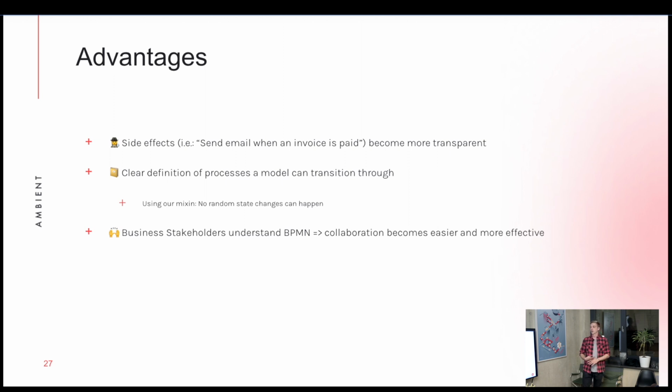So in any case, we can always look into the flow, see all the transitions, see what is possible, which is also really helpful for new developers starting on a project, because they can already see, okay, what do we expect of our objects to have and to do. Yeah, this is actually what we can see as the second bullet point. We have a clear definition. And obviously, with the use of our mixin, no random state changes can happen anymore.